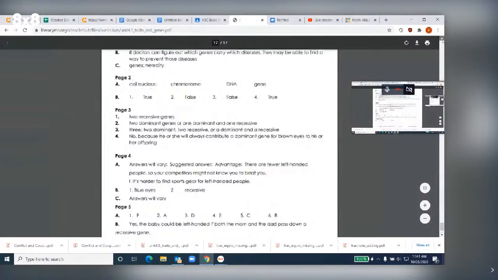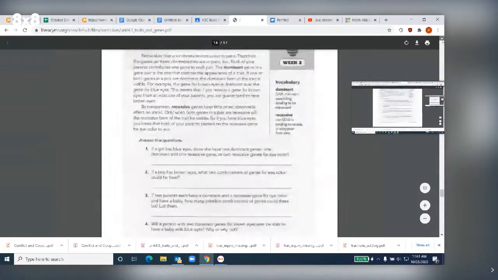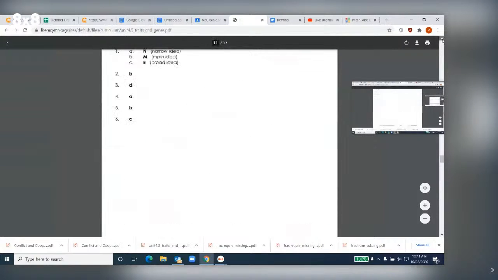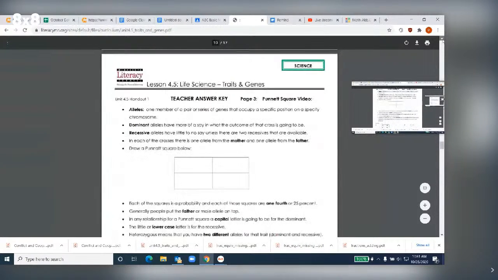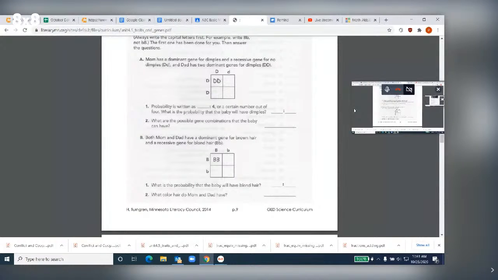So let's go back, and I want to do one more of these. We'll go over the hair one again. Both mom and dad have brown hair, so that would be capital B, lowercase b.